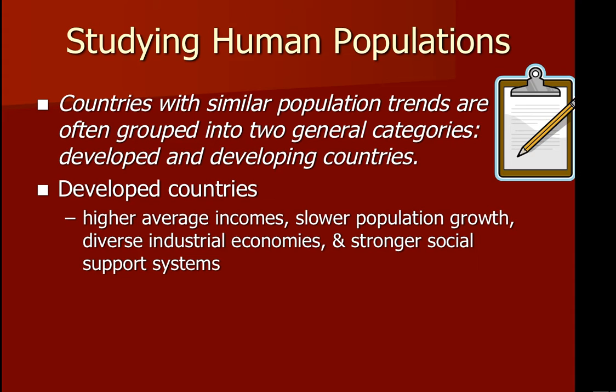Developed countries, and America is a developed country, have higher average incomes, slower population growth, diverse industry and economies, and stronger social support systems. So what does this mean? We have higher income levels, but slower population growth. Why would this be?